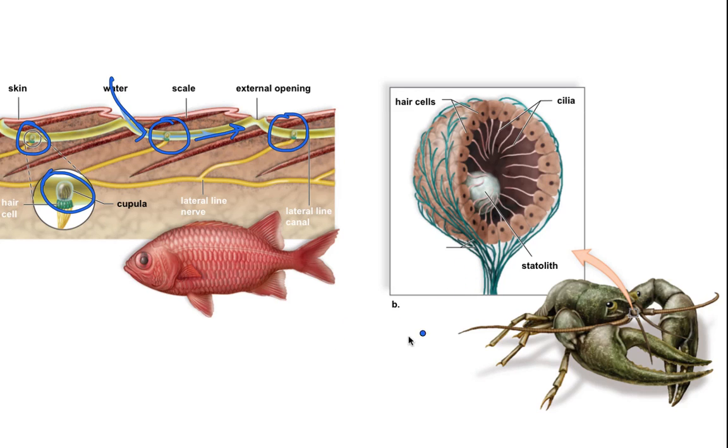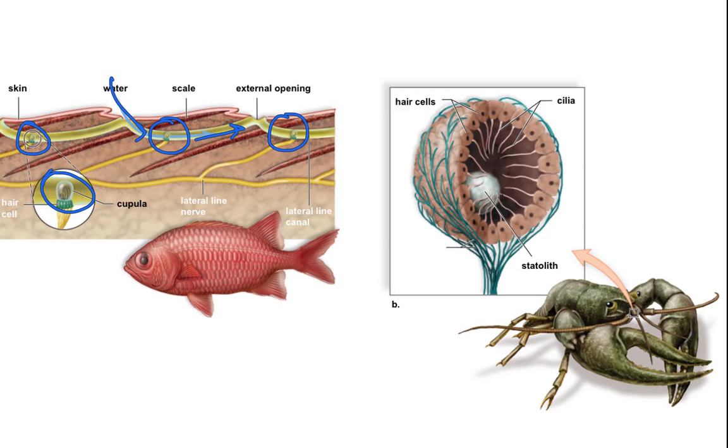Arthropods, insects, have statocysts, which contain a statolith, which is a stone that rolls around. You see the hair cells that are connected to nerve fibers, and those nerve fibers will transmit messages about the statolith on directional information, whether the animal is upright or upside down.